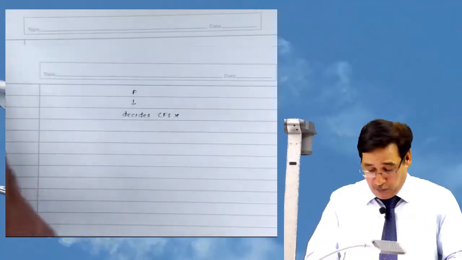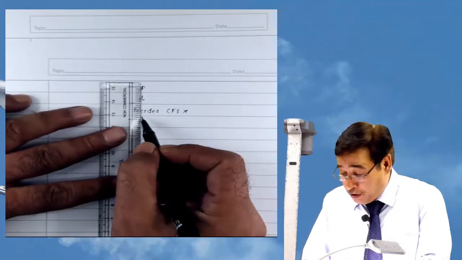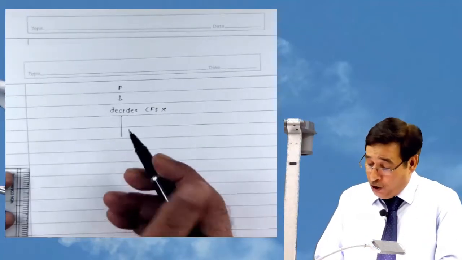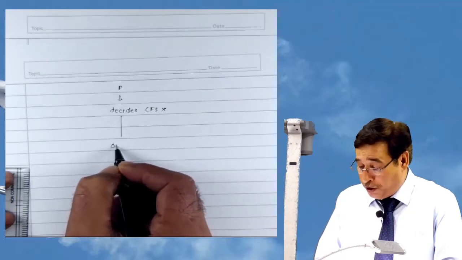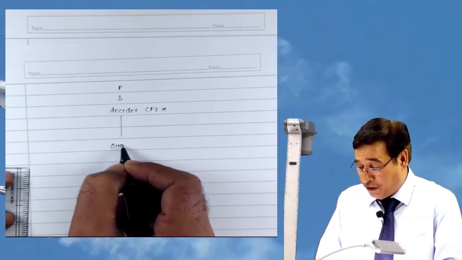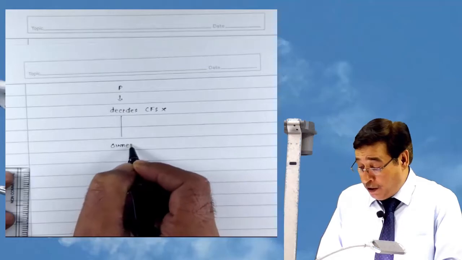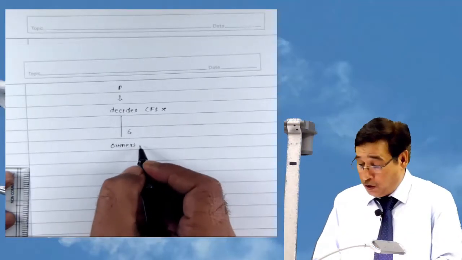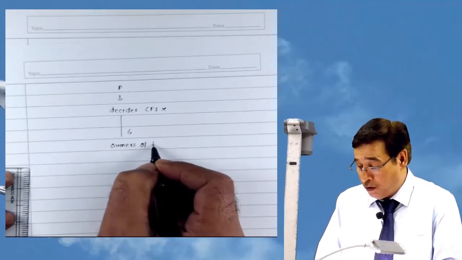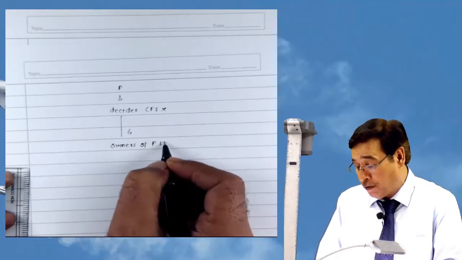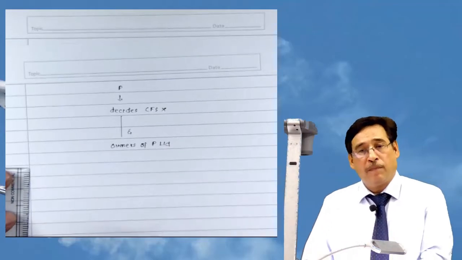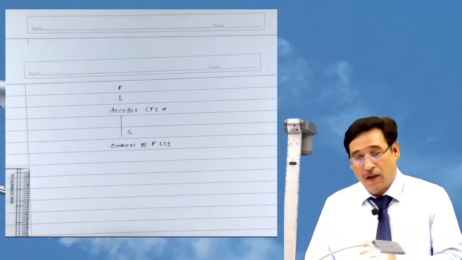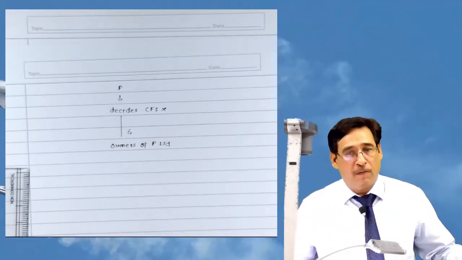And the owners of P Limited, owners meaning shareholders, stakeholders, whatever term you may like to use, decide that they have no objection.